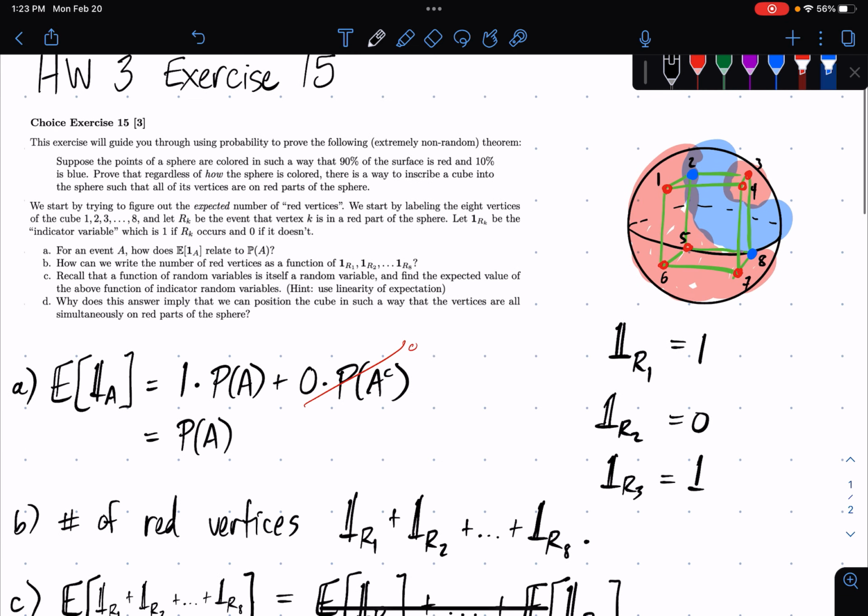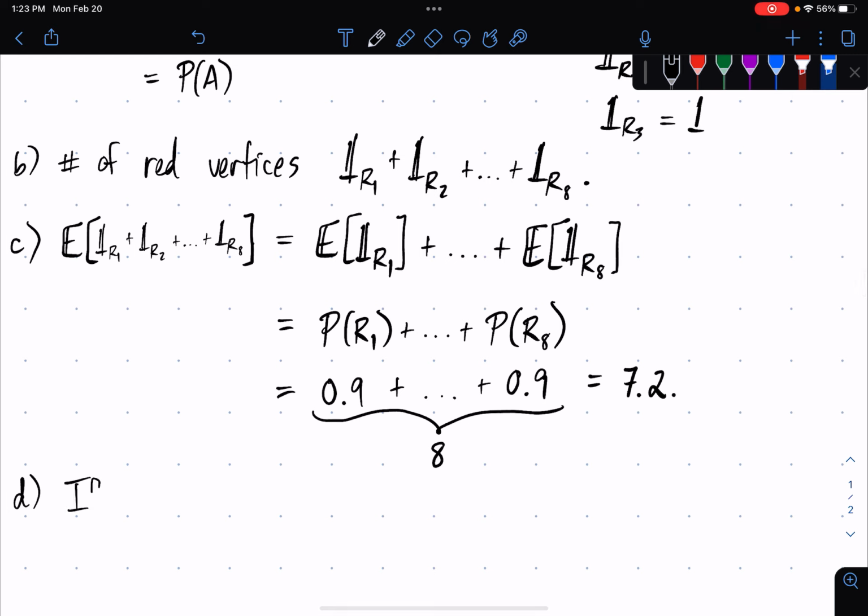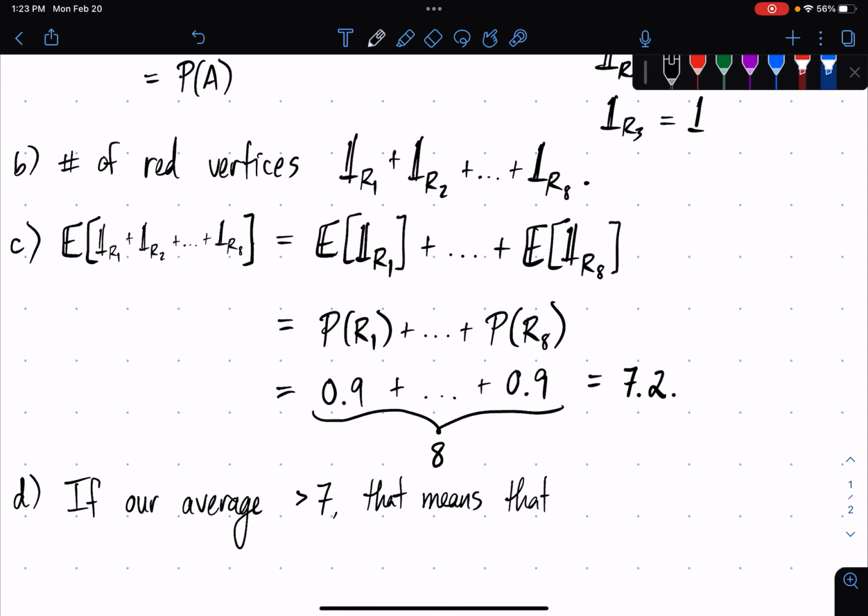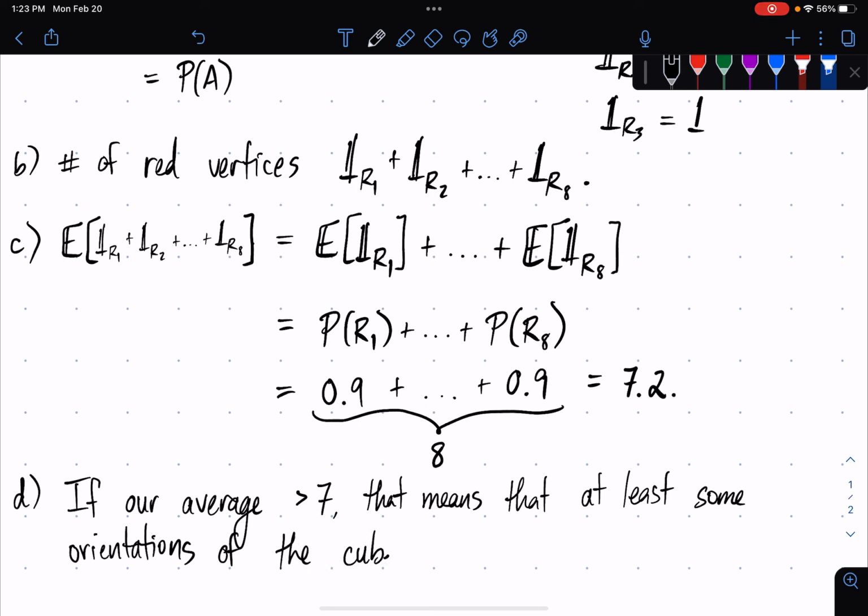Well, if we're averaging these things up, if our average is greater than 7, which it is, that means, maybe I'll say it this way, that at least some orientations of the sphere, really orientations of the cube, have more than 7 red vertices.